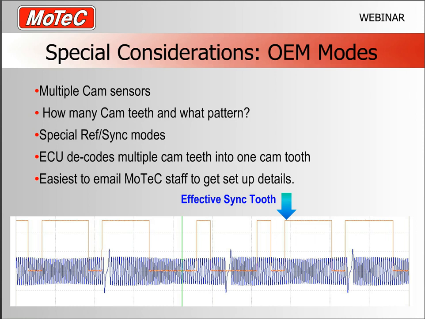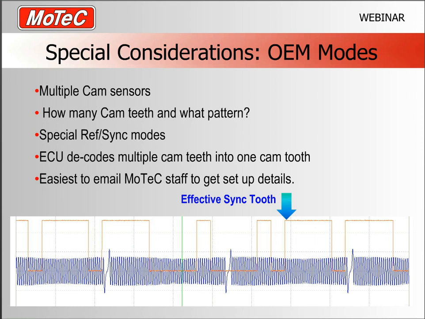This is especially true of variable cam engines, where the sync or cam teeth need to do two jobs. One, give the ECU a cycle position, and two, give a cam advance or retard position as well. My diagram there shows a 60 minus 2 on the crank, but it has 4 unevenly spaced sync teeth.